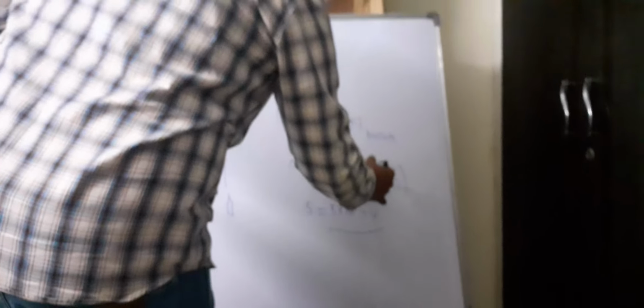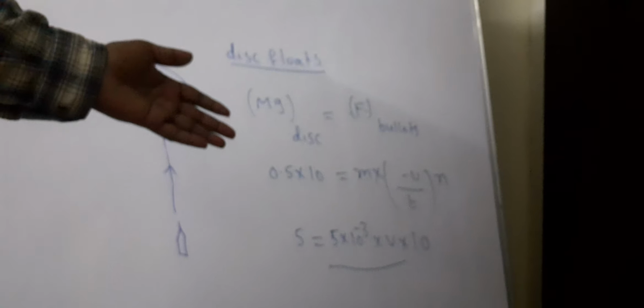Here time is given, Nana. This is the mass of one bullet. Similarly, the number of bullets is n. Here n by t is given. The number of bullets fired per second is given as 10, Nana. According to these calculations, determine the velocity.